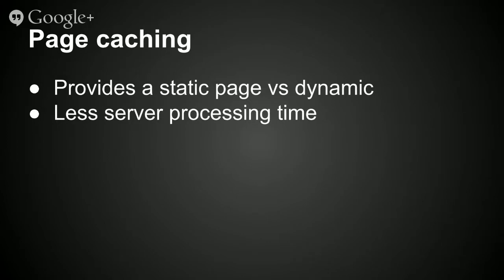So when a visitor views your site, it already has this information ready to go. It doesn't have to do any amount of processing. When 5 visitors view the page within a minute, they're going to be viewing that same page. Nothing's going to change. So why run that processing 5 times when you can do it once? This lessens the amount of server processing time. This, again, is very, very important for people that experience large traffic spikes that their servers can't handle.